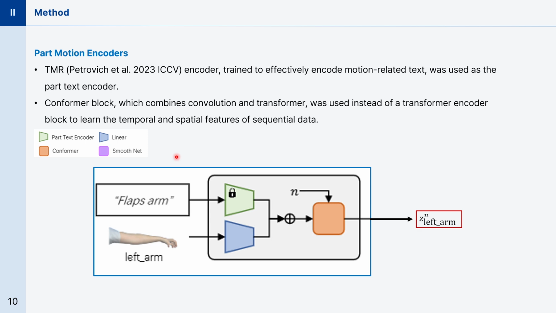This block combines convolution and transformer layers, enabling it to learn both the temporal and spatial features of sequential motion data more effectively. The combination ensures accurate representation of both short-term and long-term dependencies in motion sequences. As a result, the part motion encoders produce embedding vectors that represent the motion for each body part with high accuracy and semantic alignment.